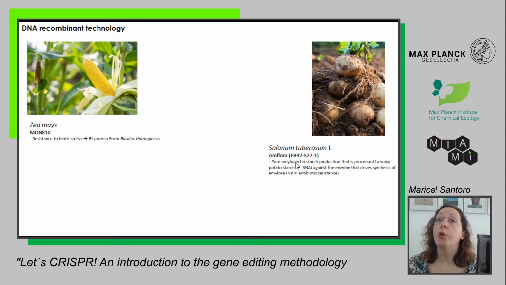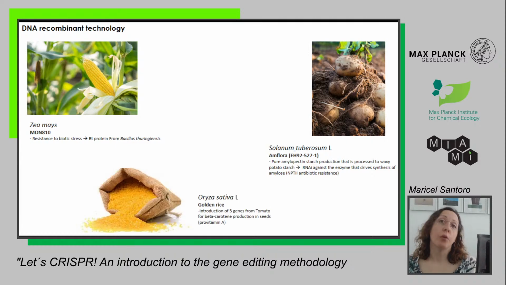So they produced potatoes with more amylopectin. This was used for several years, but now it's banned. It's not used anymore because the plants which carry this exogenous gene have to have a marker, and the marker is generally antibiotic resistance, which comes from a bacterium, so it's not well accepted by the community.